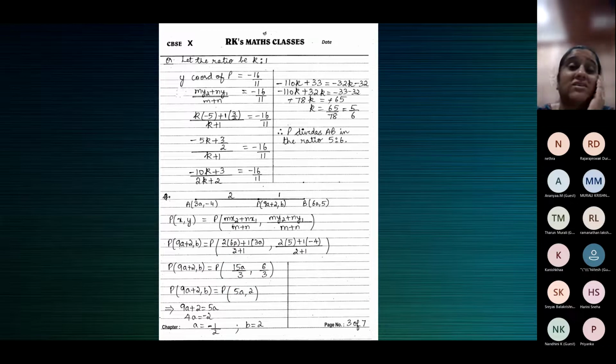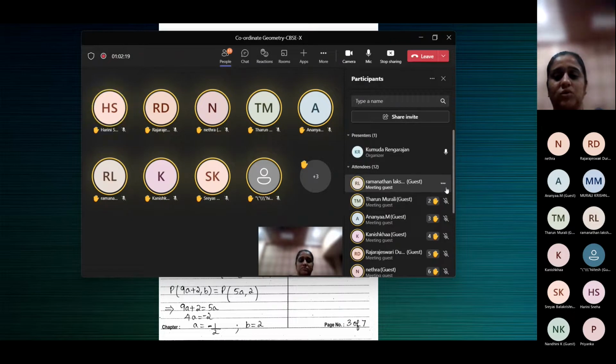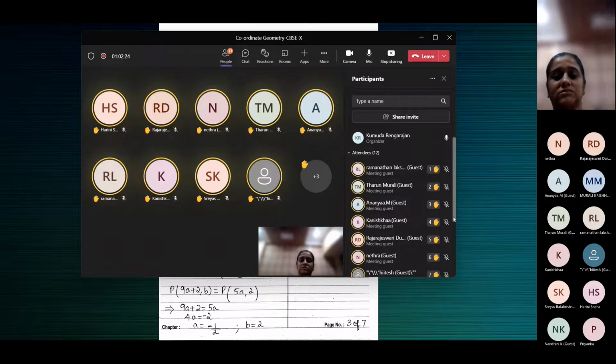Don't worry if your friends are getting it. If you don't understand, please ask me. Ma'am, we got it, ma'am. Okay. Nandini, are you there? Priyanka, see? Shreyas, I too got the answer. Ma'am, me too got it, ma'am. Okay, Sneha and Harini got it. Raja Rajeshwari, I too got it.